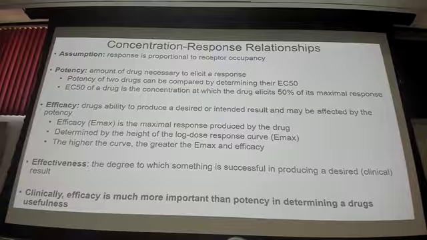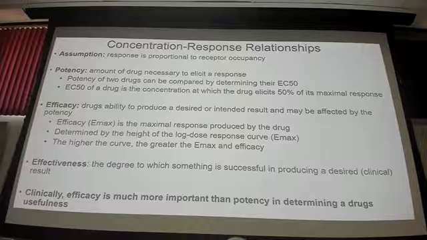We compare the potency by looking at the EC50, which is the effective concentration at 50% of the Emax, which is the efficacy. And as clinicians, you will need to know that a drug's efficacy is more important than the potency.